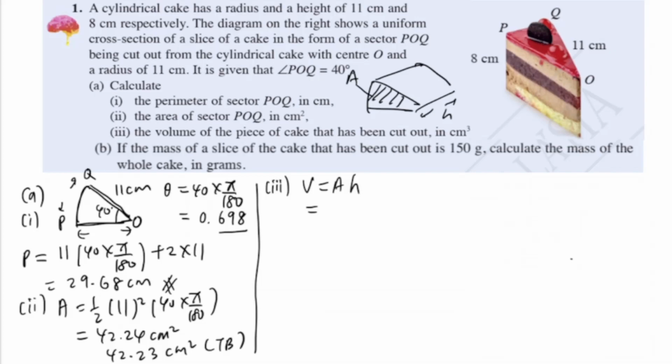If you want to get the same answer as the textbook, then you should use 0.698, and then you should get 42.23 here, and you multiply with the height of your cake, which is 8.